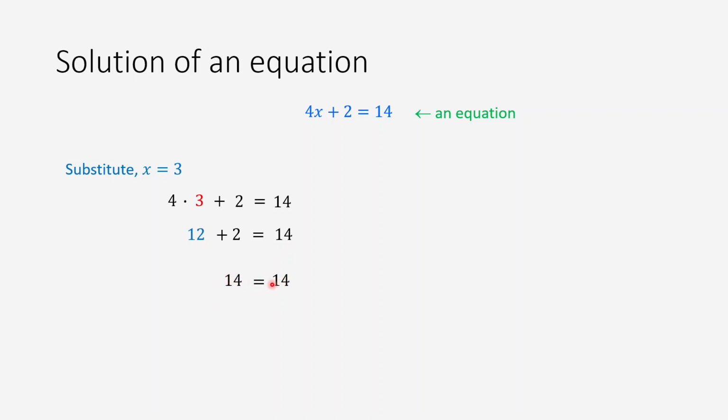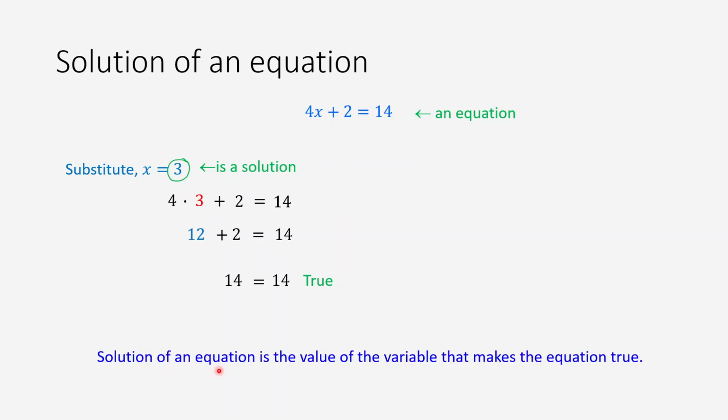The left hand side and the right hand side are the same. So this is true. So this value of x makes this equation true. So this 3 is a solution to this equation. So the solution of an equation is the value of the variable that makes the equation true.